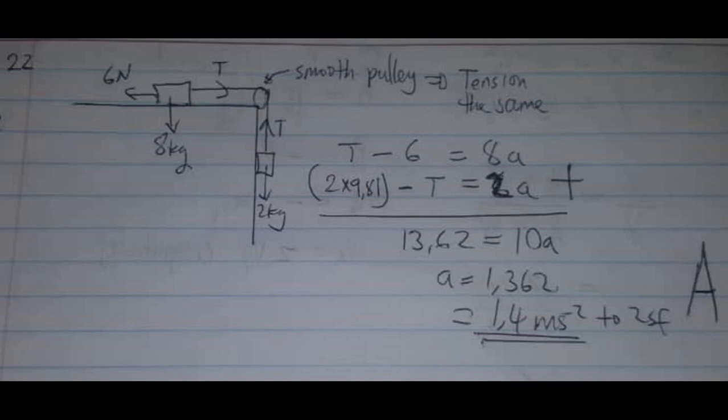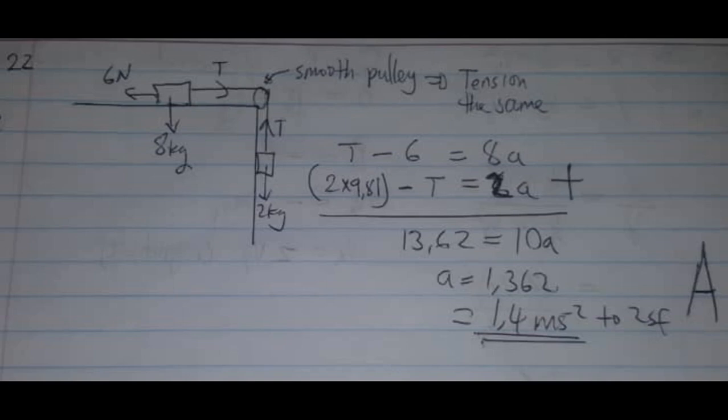Now, we are told the pulley is smooth, which means the tension is the same. So the horizontal tension and the vertical tension after the pulley should be the same, because there's no friction at the pulley.